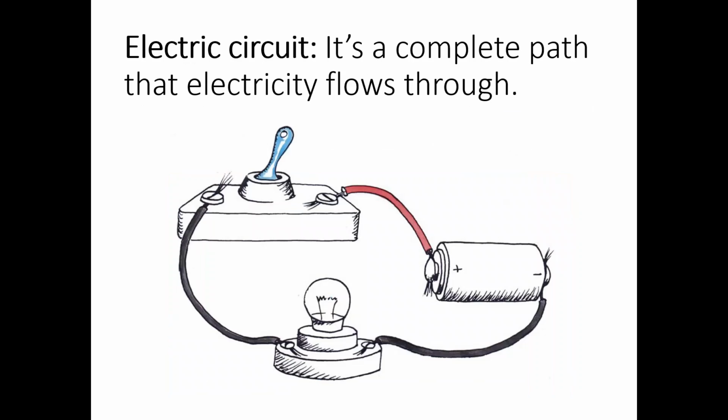So an electric circuit, when we talk about that, it's a complete path that electricity flows through. Here we have electricity that is flowing out of a battery. And this switch tells this to either let the electrical flow go through and light the bulb or not.